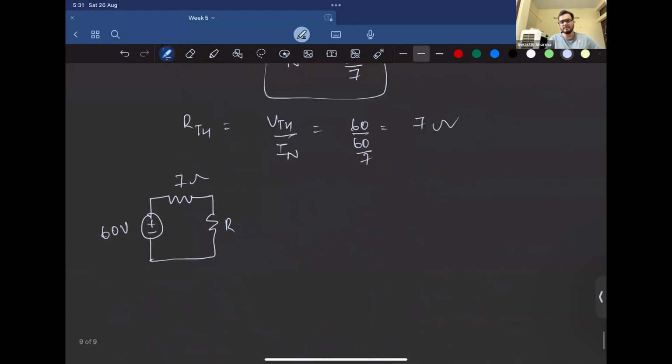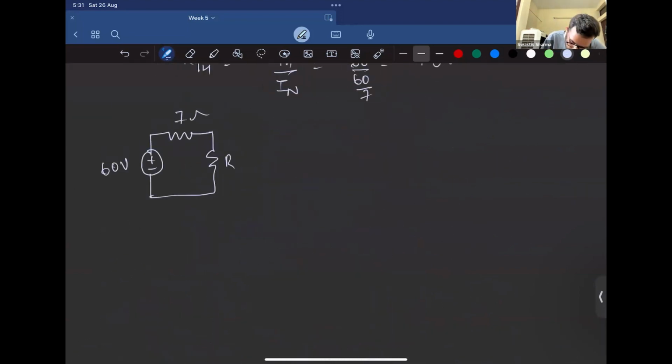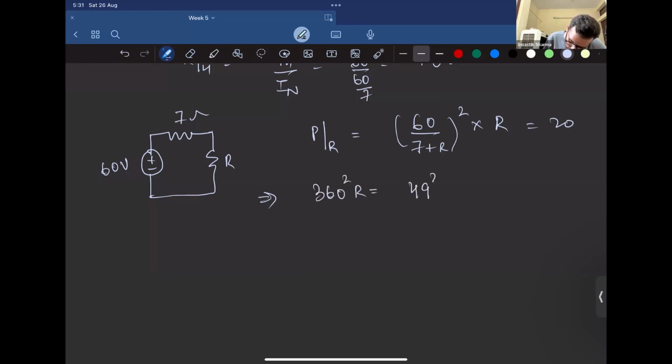So Renessa, how will we solve for R? Right, and it is given out to be 20. So let's solve this. So 360 square R is equal to 49 square plus 14 R plus R square, right?